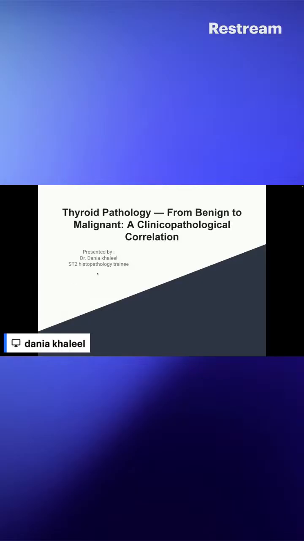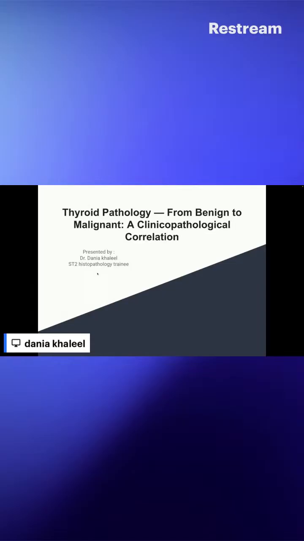Today we're going to talk about thyroid pathology from benign to malignant and try to make a clinical and pathological correlation. I feel like in med school, or as a junior doctor, we don't get really exposed to the pathological features or how things look on histology.